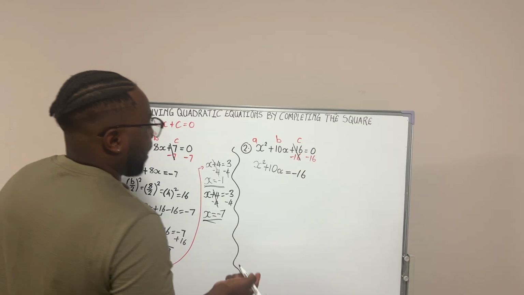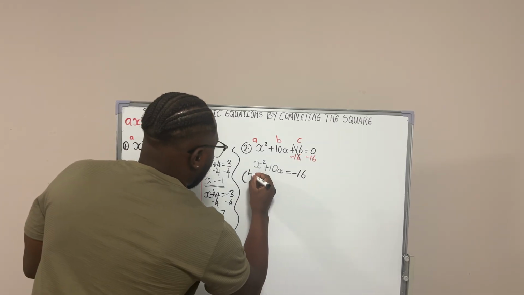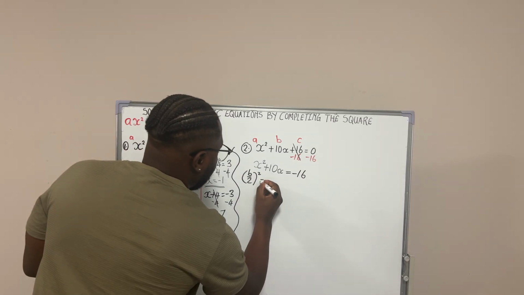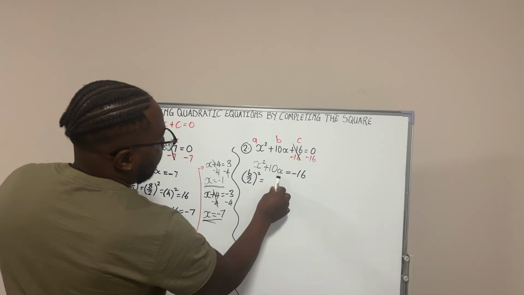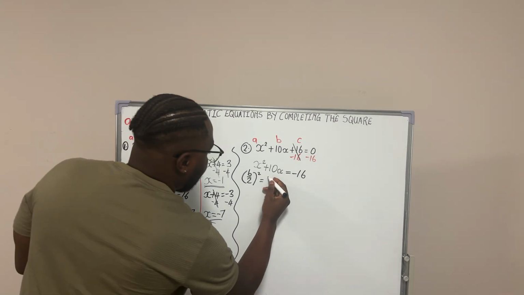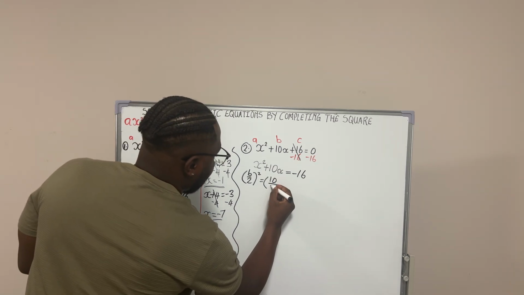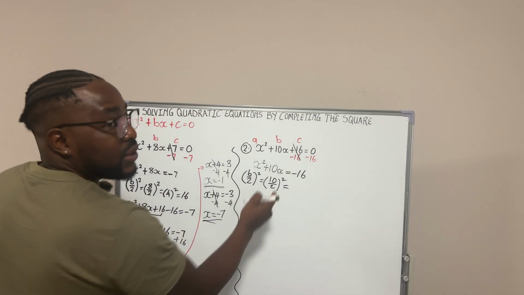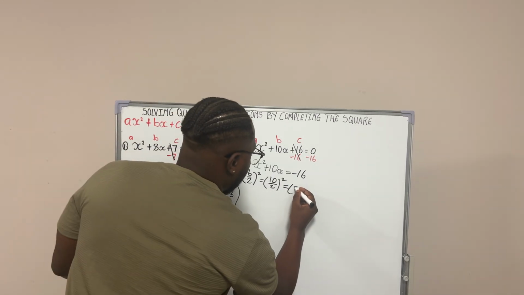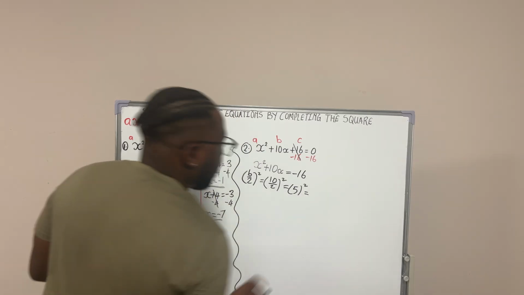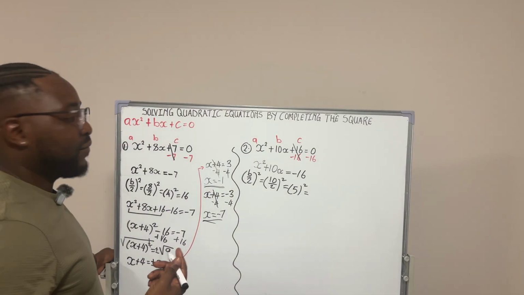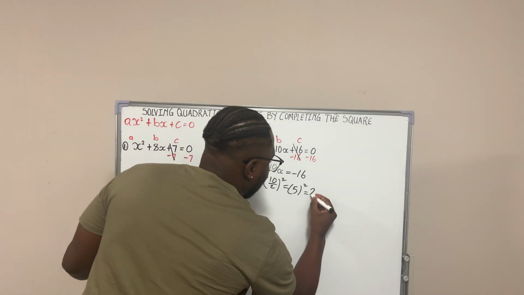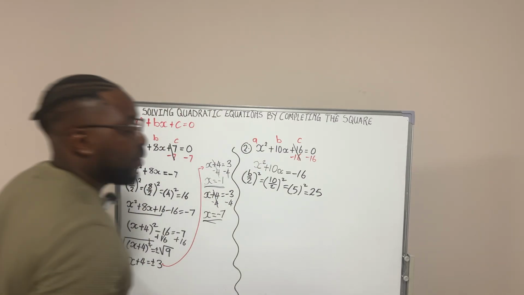Yes, and in our case, coefficient of x is 10. Yes, so let's take the 10, take the half and then square it, right? 2 into 10 is what? Is 5. Then we square it, yes? And 5 by 5 is 25, yes?